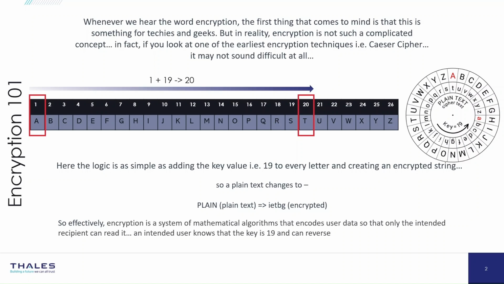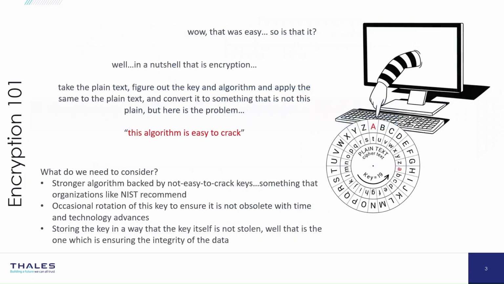So that's the basic idea behind encryption, where we use some sort of mathematical algorithm along with a key on the initial plain text data, so that only the right recipient with the knowledge of that particular algorithm and the key will be able to reverse it, right? So this achieves the basic goal of encryption: only the intended party is able to decipher the data and not everyone else.